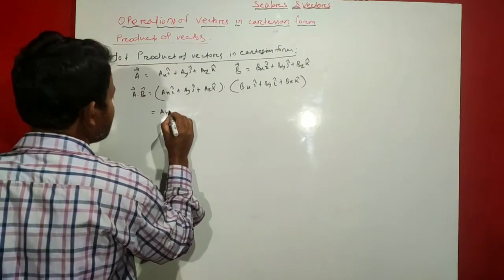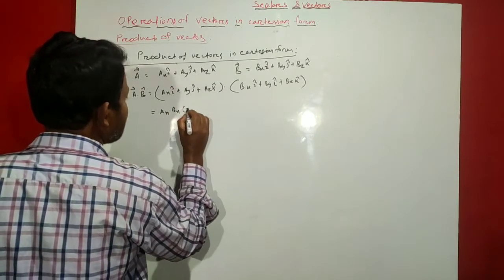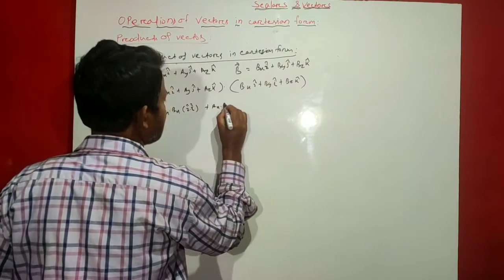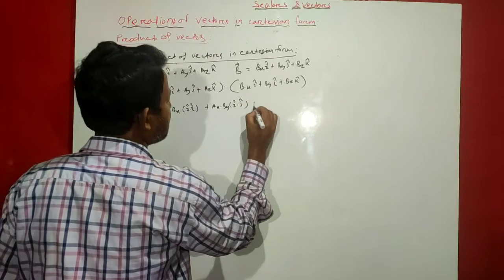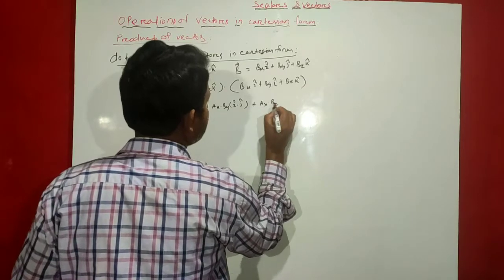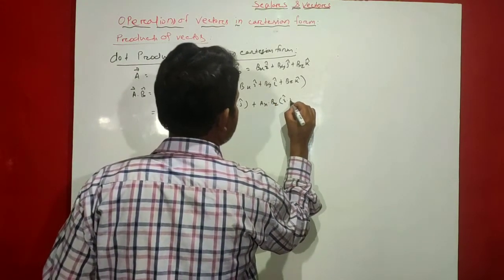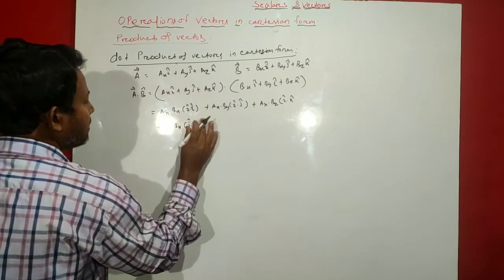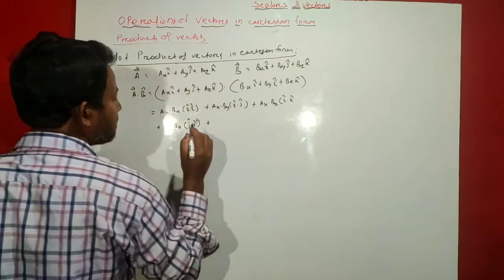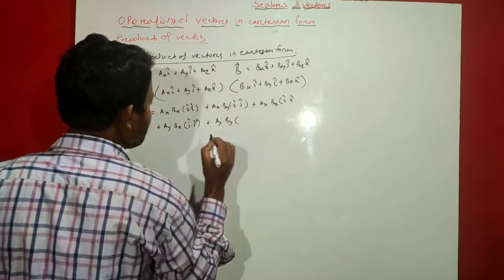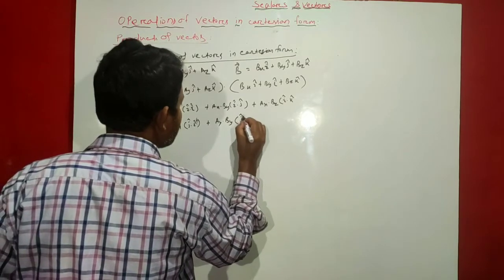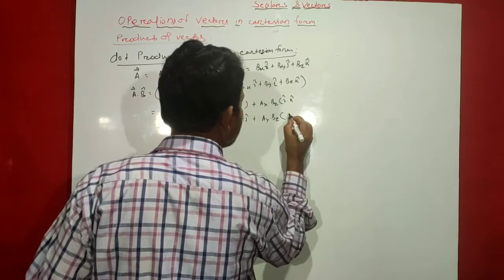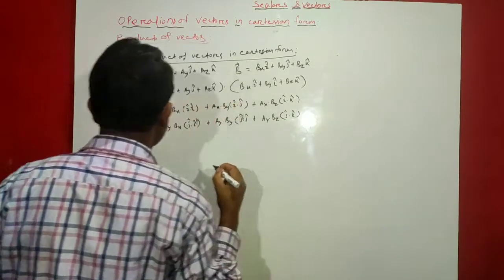That means ax bx i cap dot i plus ax by i cap dot j, then ax bz i dot k, then plus ay bx j dot i plus ay by j dot j plus ay bz j dot k.